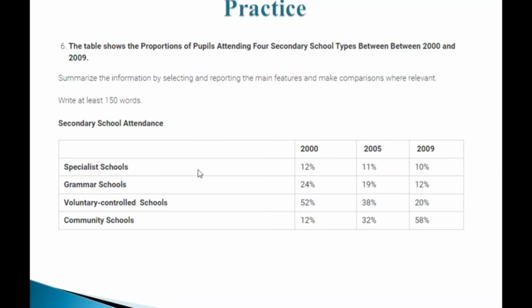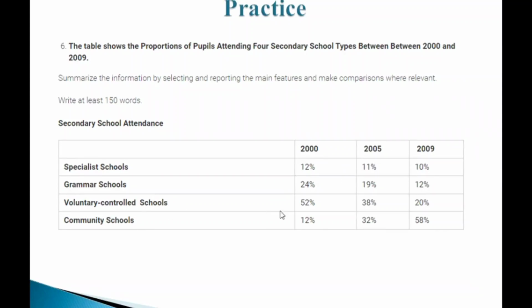In the body paragraphs, you will report all the features. You can say it started with 12% attendance and its attendance dropped slightly to 10%. Grammar school started with 24% and its attendance dropped by half and reached 12%. It decreased to half by the nine-year period.